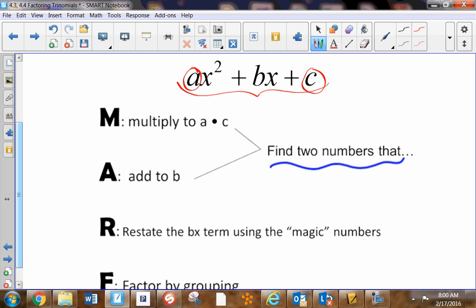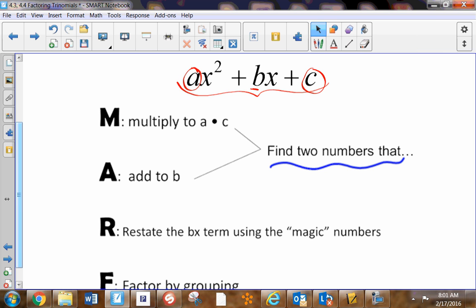Then we're going to find 2 numbers that multiply together to give you AC and add together to give you B, the middle term.